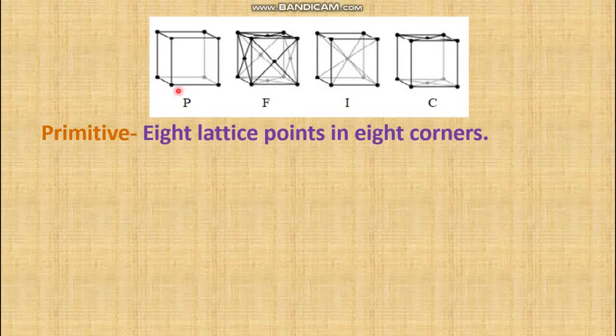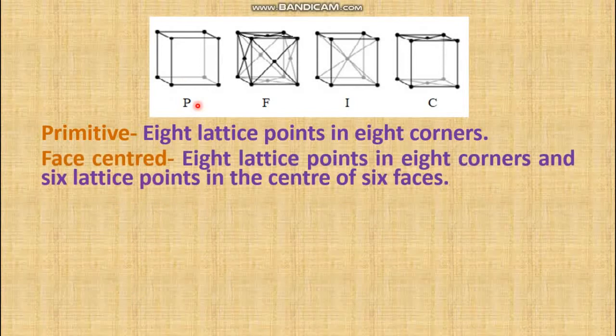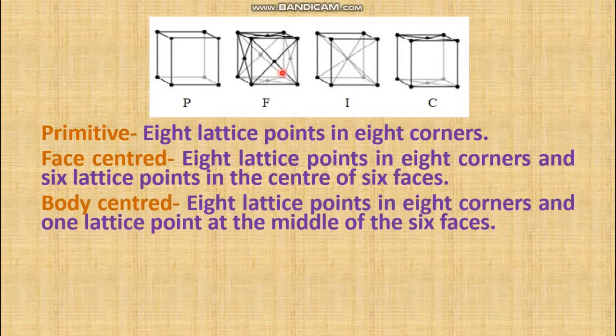If it is cubic, then it is simple cubic, or primitive, symbolized as P. Now, along with the 8 corners, if there are 6 lattice points at the centers of the 6 faces, then it is face centered. If it is a cube, it is face-centered cubic, or in short, FCC.